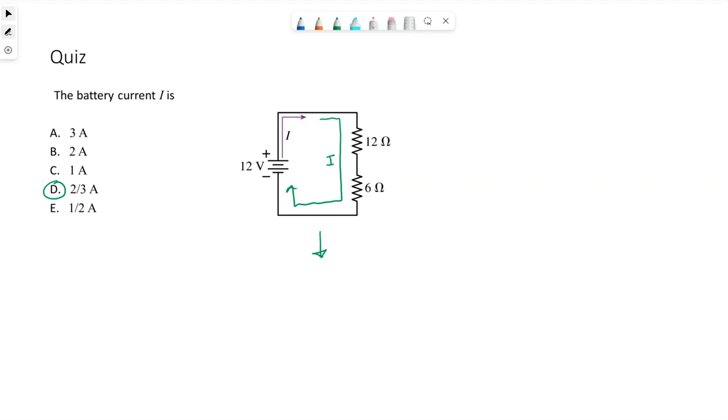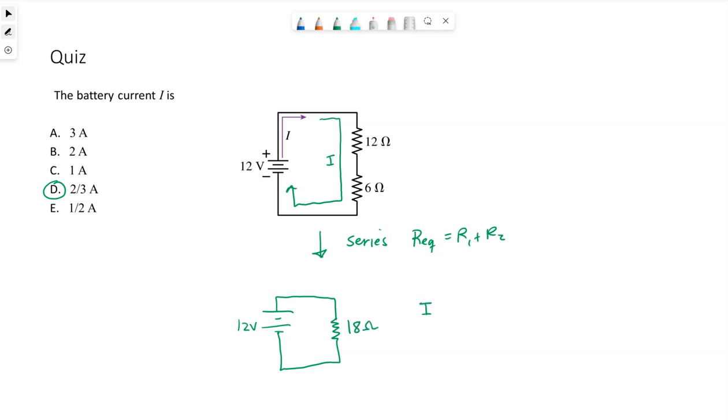There's no other path for those charges to take. So we can look at this as an equivalent resistance. These guys being in series, we simply add their resistor values together. So we get 18 ohms.